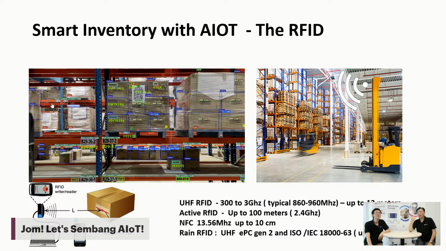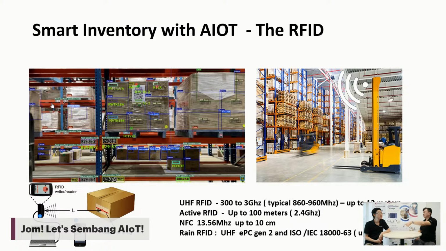And active RFID. If you want to do some RFID, RFID actually falls under IoT. For an active tag, meaning you have to put a battery. The range of UHF RFID, those are passive, you can go up to a maximum of 12 meters.